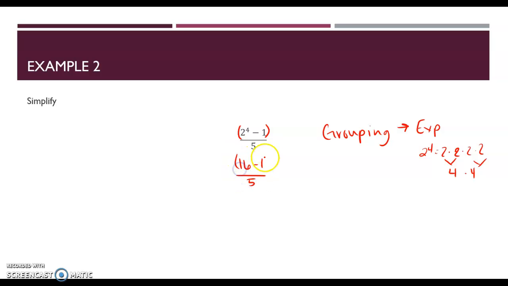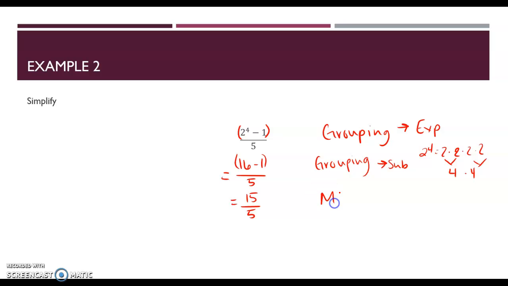Now, technically that 16 minus 1 is still grouping. So I'm still working on that grouping, and for this one, we're going to be subtracting. And so then 16 minus 1 equals 15. And so then that's now 15 divided by 5.